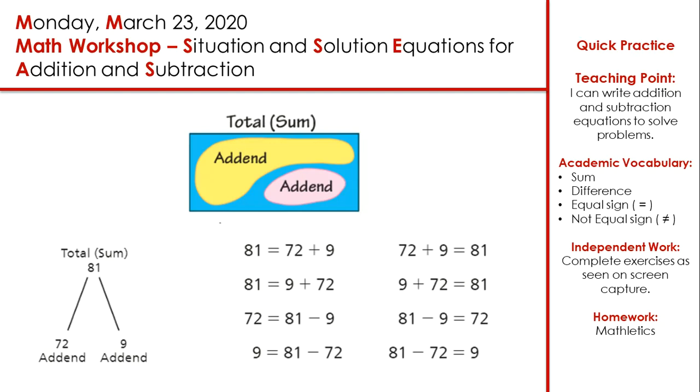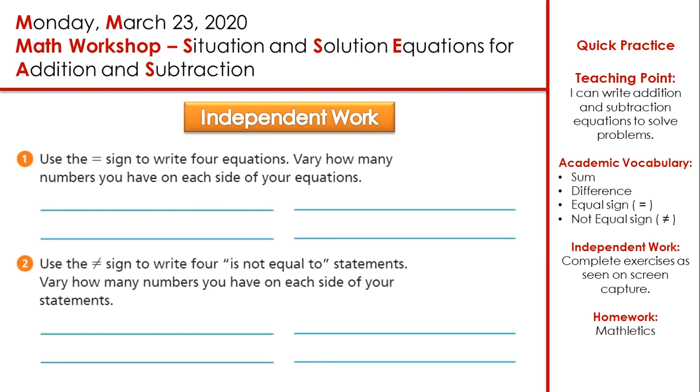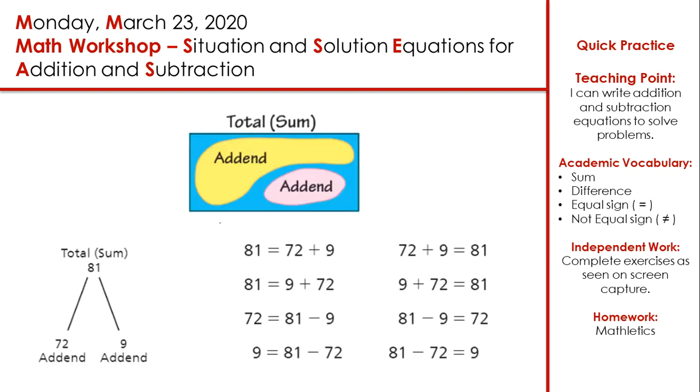What do we have then? We still can see on the second one, let me point right here, 81 equal to 9 plus 72. It doesn't matter the order in which we write the two atoms, because in the end we're putting them together and getting the same result.